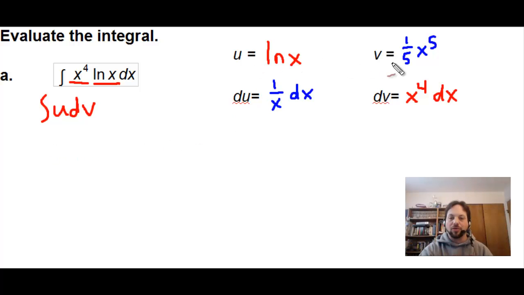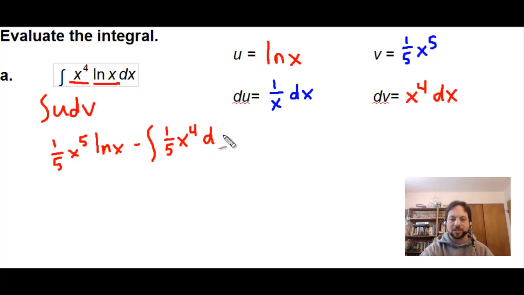I see my u and v, so I can just go ahead and combine those two together: 1/5 x to the fifth multiplied by the natural log of x minus the integral of v du. There's my v, there's my du. And if I put those together, that will be 1/5 x to the fourth dx.